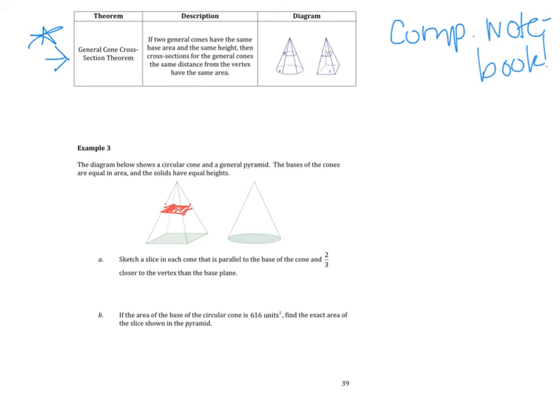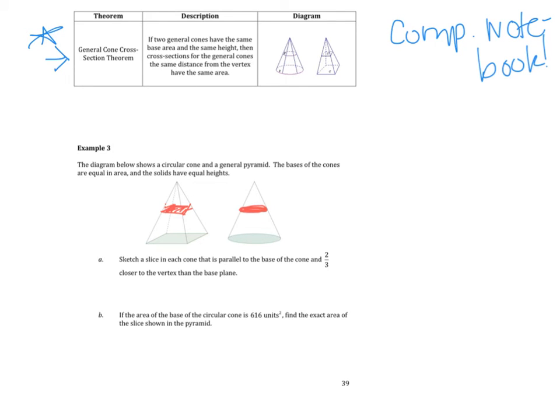And then here I have a circular base. So the distance from the slice to the vertex is 1/3 plus 2/3. That gives us a total of 1. So the scale factor from the base to the slice is 1/3.